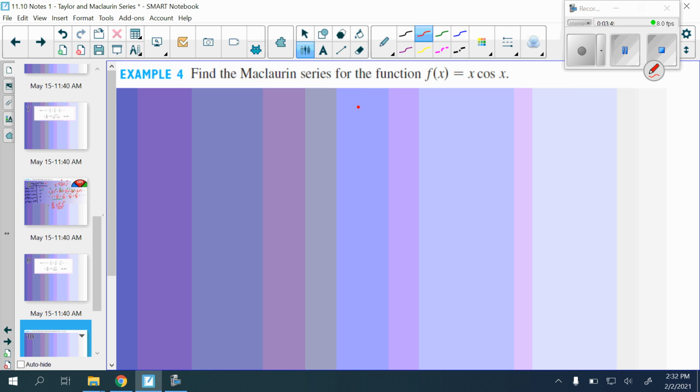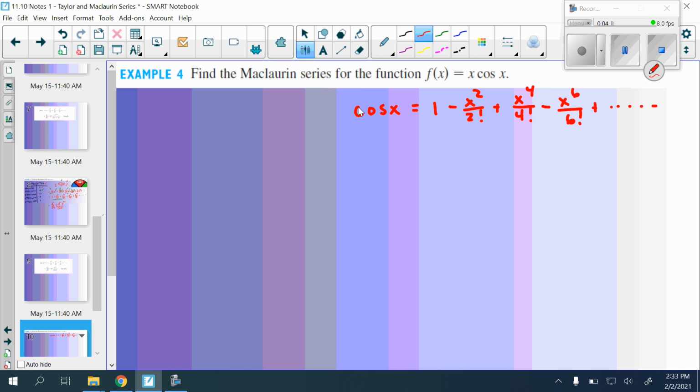So we know cosine, the one we just found, is the even one. It alternates, so it's 1 minus x squared over 2 factorial plus x to the 4th over 4 factorial minus x to the 6th over 6 factorial, and it keeps going.